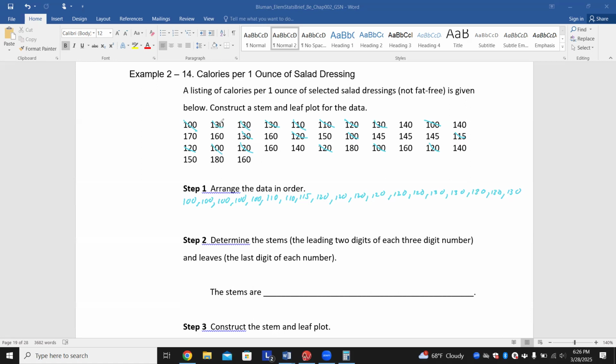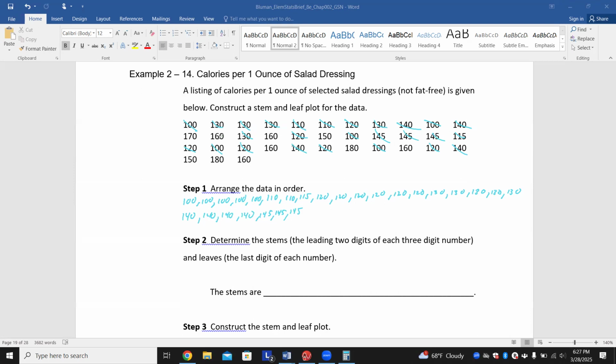Okay, let's go to 140. Another 140. Another 140. Another 140. I remember seeing a 145. And there's 3 of them. So 145, 145, 145. And I think that's it.